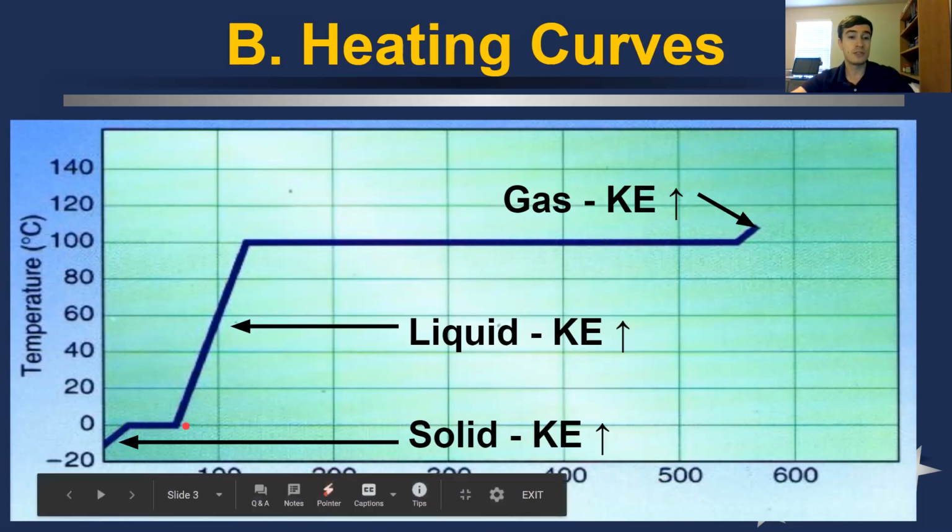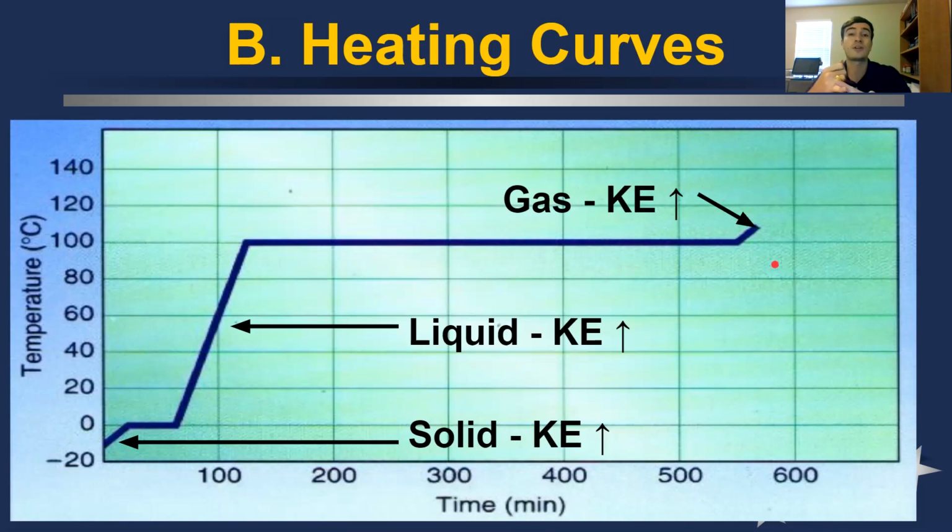So every time you see these lines going up on a heating curve, this one down here, this one in the middle, and this one up here, that means that we're increasing the temperature and therefore increasing the kinetic energy that's in these little particles that are there.